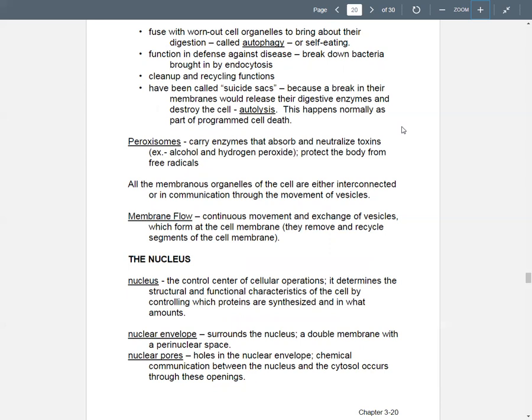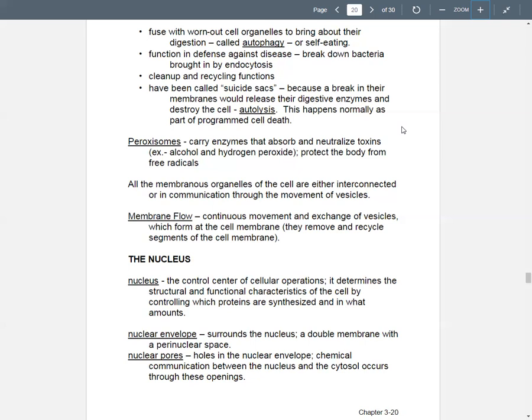They can break down bacteria that are brought into your cell via endocytosis. So if exocytosis is bringing things out of your cell, what is endocytosis? Bringing things inside the cell. Endo for inside. Generally, lysosomes are involved in cleanup and recycling.